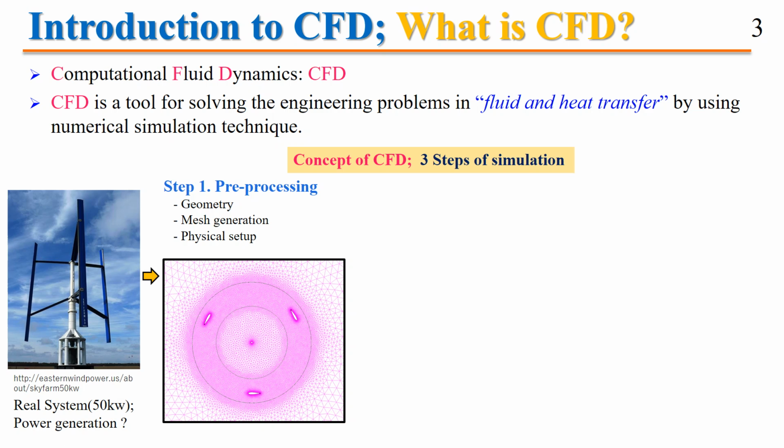And the second step is the mesh generation. You should generate the mesh of your fluid domain. In the far field, you can set a coarse mesh, and near the solid surface, for example the surface of the wind turbine blade, you should use a smaller one.